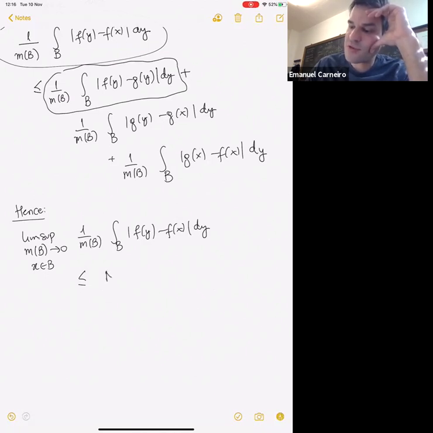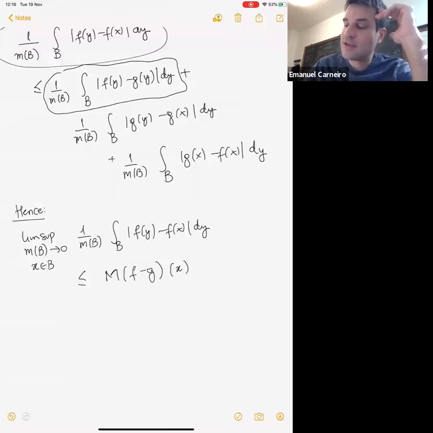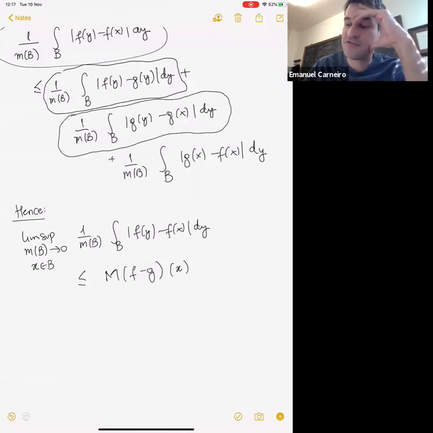So this is less than or equal to the maximal function of f minus g at the point x. The second one, this lim sup of g of y minus g of x is 0 because g is a continuous function. So if g is a continuous function, when you take these averages and shrink the balls to 0, this will converge to 0.